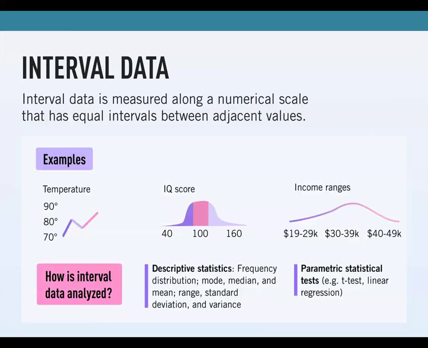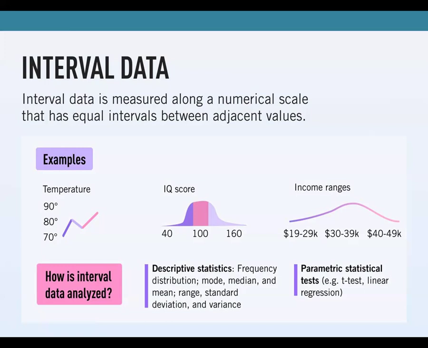The next one is interval data. These are represented by fixed units of measure. It is a measurement of a variable in which the numbers indicating the value are represented by a fixed amount of units, but have no absolute or fixed zero point. If you look at both the IQ score and the income range, those again give you a propensity, an estimation, a range primarily.